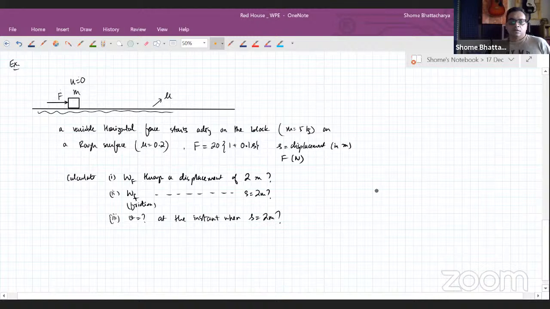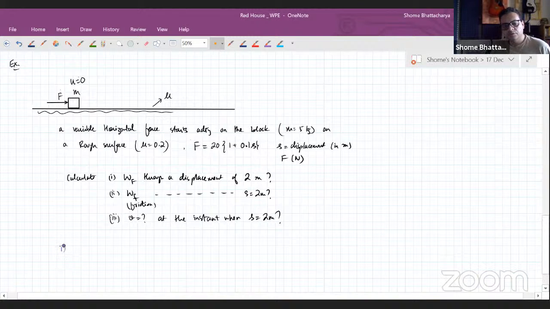So let's begin with this simple situation. Since this is a variable force, we will have to calculate the work done by the force using the integration method.